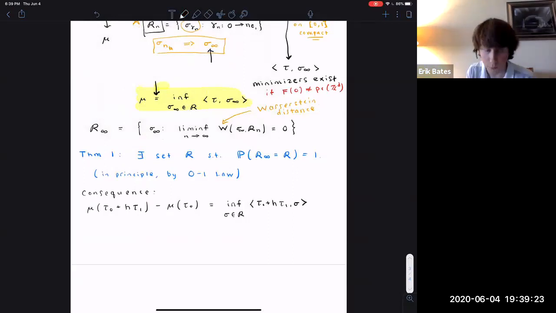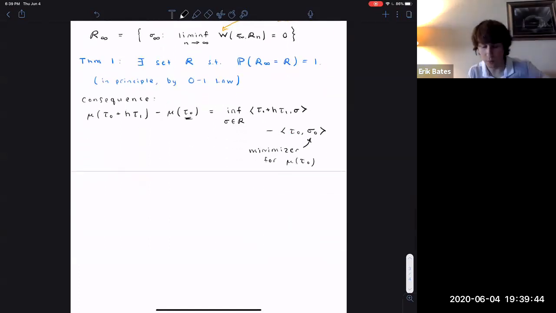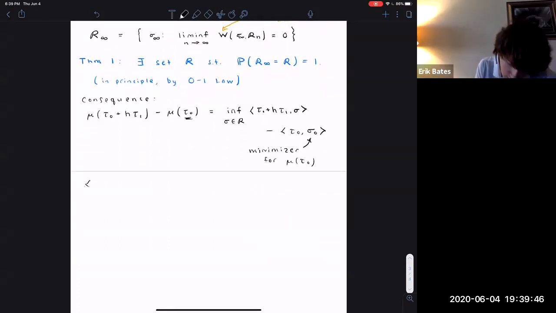So let me pick one of those minimizers for this tau naught. So I'm going to subtract now tau naught integrated against, let me call that minimizer sigma naught. This is a minimizer for mu of tau naught. Well, given that I've written this as an infimum, now I can say, well, let me choose a particular value of sigma here.